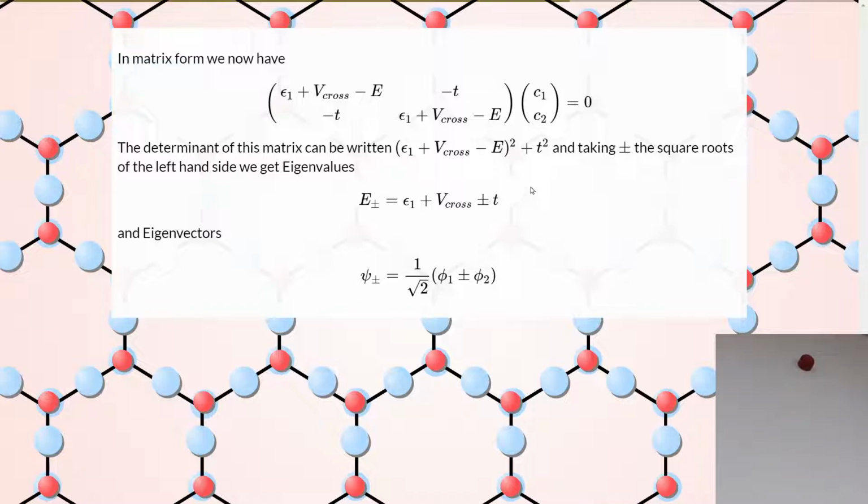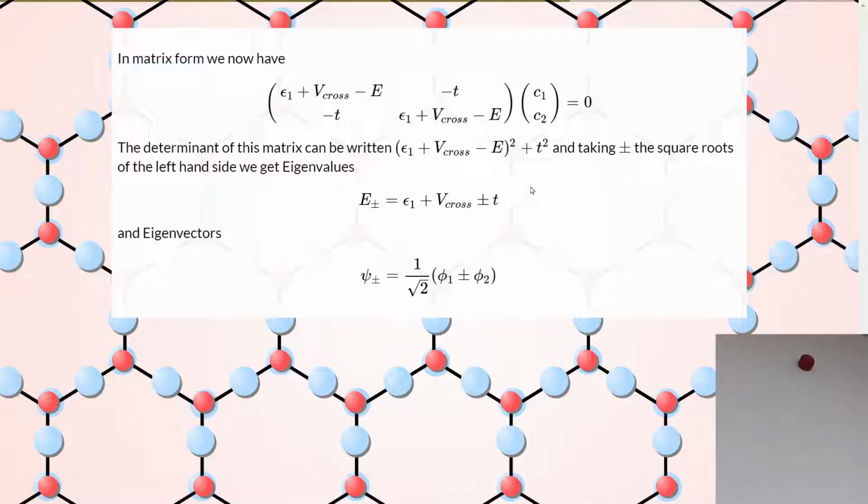And then I've got a 2 by 2 determinant that I need to solve for E. I get 2 values of E: the atomic energy plus this Coulomb interaction, plus or minus the strange quantum mechanical hopping term.